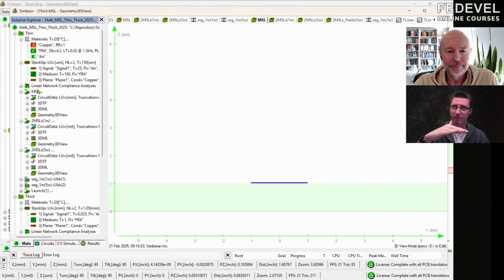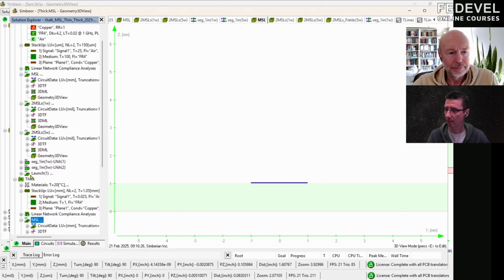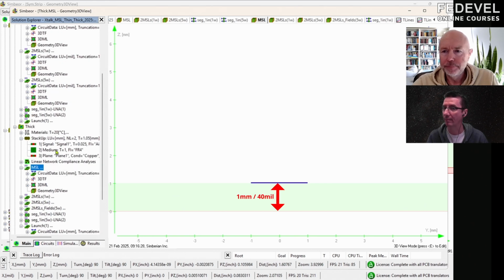This is a very good example because we would like to show how bad the two-layer PCB is, and the main reason is that the reference plane is very far away from the track. Very often for a standard two-layer PCB, it's 63 mils or 1.6 millimeter. In our case, you set up 1 millimeter. 1 millimeter. Okay, so 40 mils.